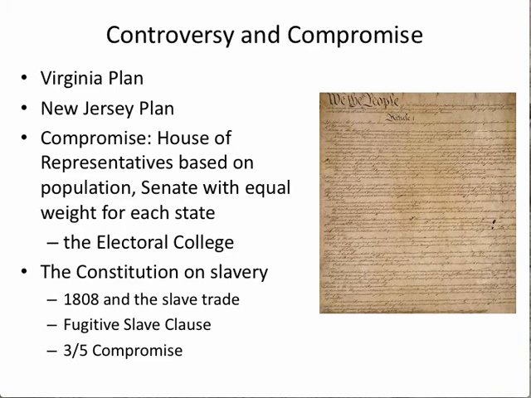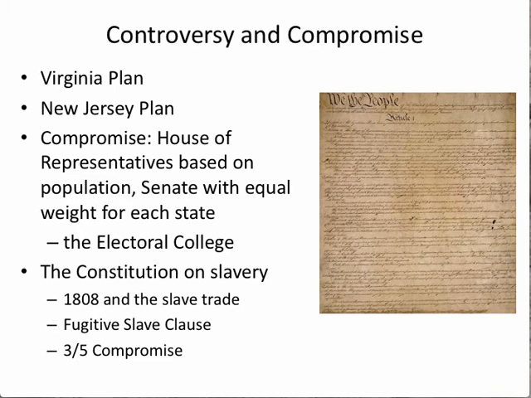The first clause said that the slave trade from Africa could be abolished by Congress in the year 1808. And in fact, that is what happened. In 1808, the United States Congress banned any further importation of human beings as slaves from Africa. And so, at least officially, the slave trade from Africa ended in that year.